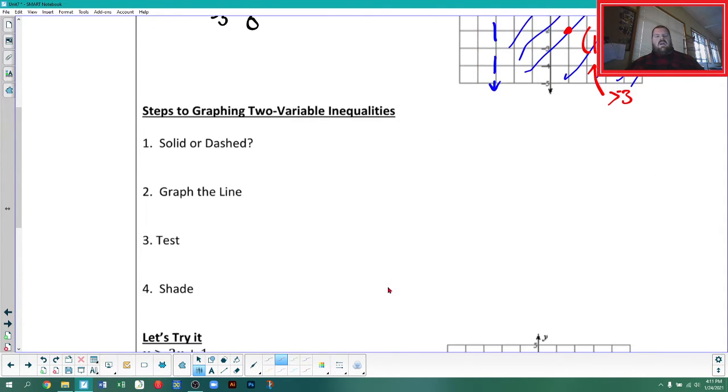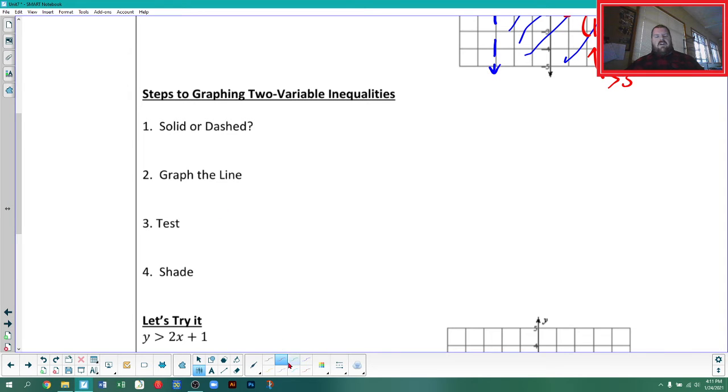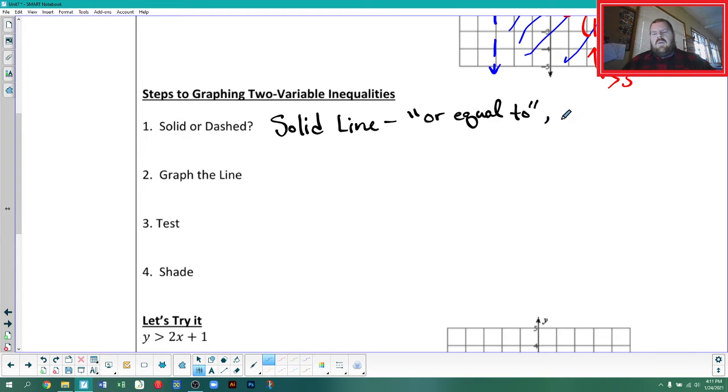So there are about 4 steps that we want to follow when we try to graph two variable inequalities. The first thing we'll look for is: is it solid or dashed? It's going to be a solid line when there's the 'or equal to,' in other words, less than or equal to or greater than or equal to.